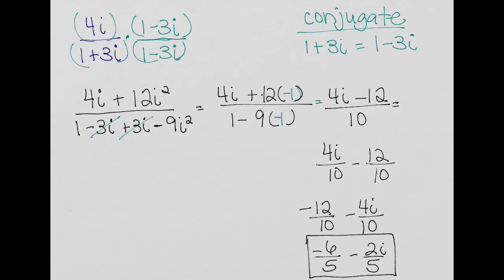Okay, I just now noticed that I made a mistake way back here in the very beginning, of course, when I distributed. 4i times negative 3i should have been a negative 12i squared, which means a negative 12 times a negative 1 would be a positive 12.